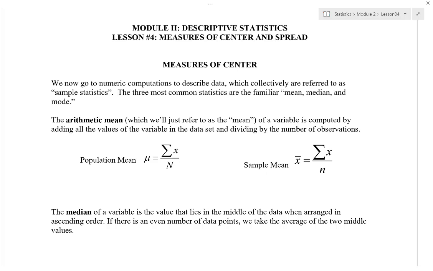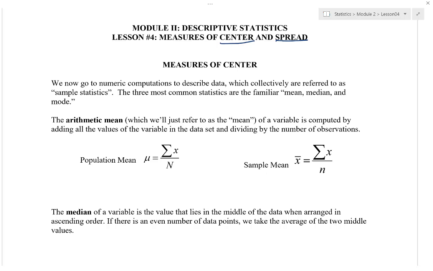It makes it harder to understand. So, that being said, we're going to talk about measures of center and measures of spread. I put this all as one lesson. I might wind up splitting this into a 4A and 4B. We'll see how this goes, because there is a lot here.